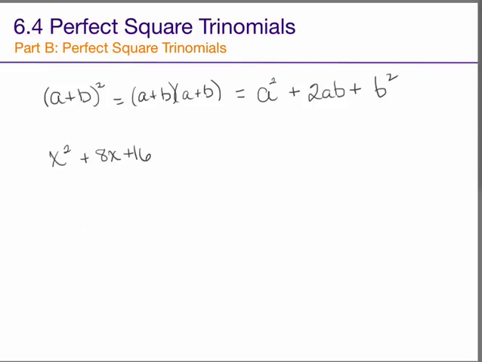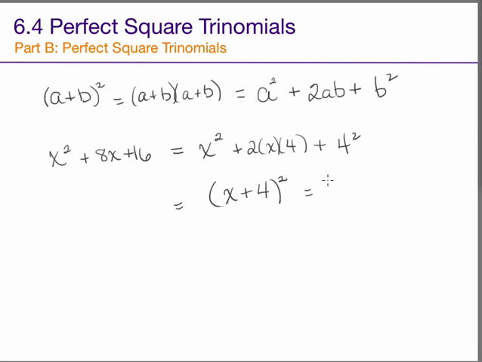For example, I can factor this by recognizing that it's in the form x squared plus 2 times x times 4 plus 4 squared, which means it must have come from a binomial squared, specifically this binomial squared.